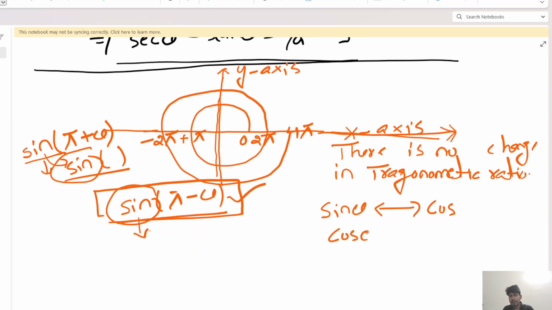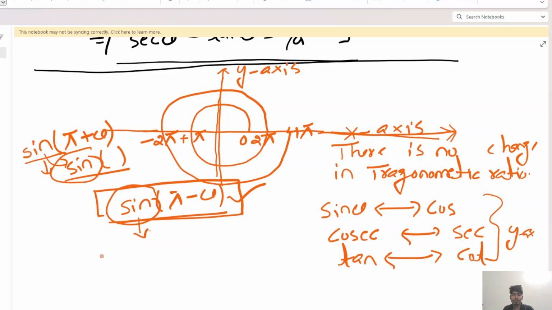Cosecant changes to secant, and secant changes to cosecant, and tan changes to cotangent, and cotangent changes to tangent. Okay, this is for the y-axis and it remains the same on the x-axis. So this is our observation.